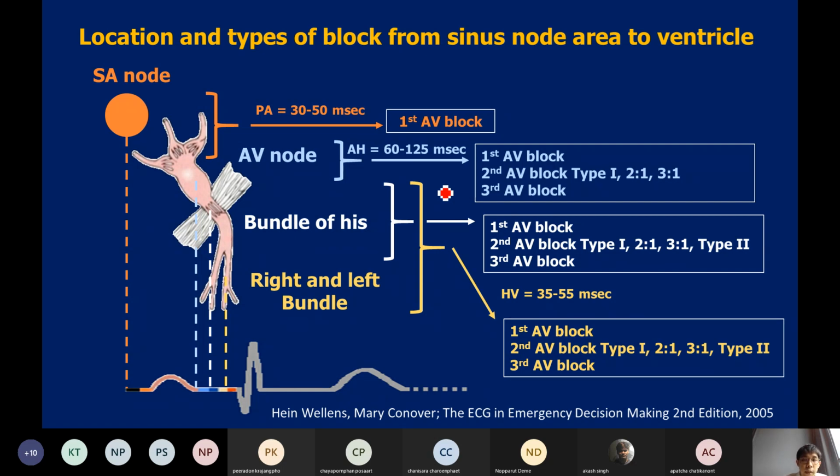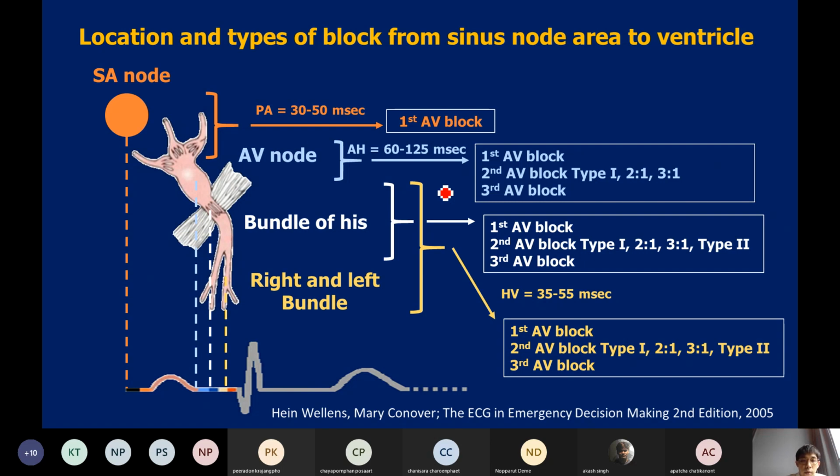For the His bundle area, the ECG would be similar to the AV node dysfunction. The His bundle area abnormalities would likely cause the 12 lead ECG to show first degree AV block, second degree AV block, and third degree AV block, also the same as the AV node dysfunction.